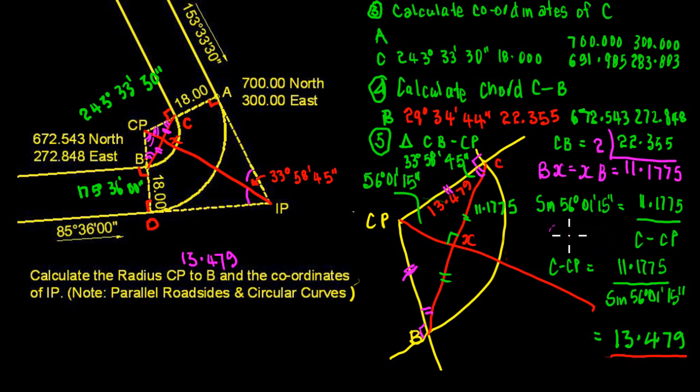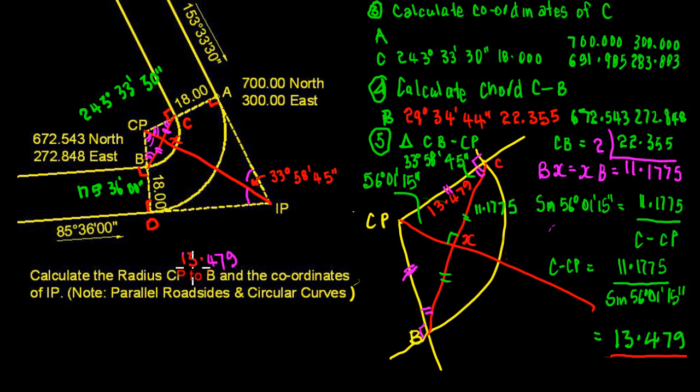But let's just say that sine 56 degrees 01 15, which is our calculation here, is equal to 11.1775 divided by the distance C to CP, and manipulating that equation we get C to CP equals 11.1775 divided by sine 56 01 15, which gives us the answer 13.479, and that is our radius.